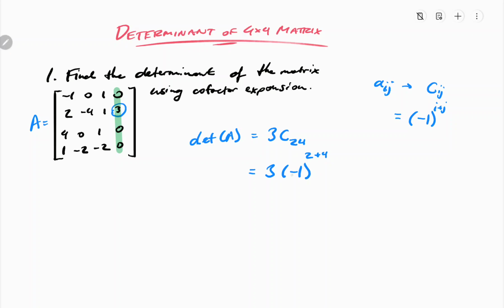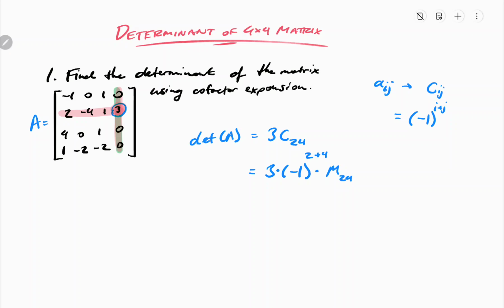The second part of our cofactor is the minor of this matrix at row 2, column 4. What that gives us is the determinant of the rest of the matrix if we get rid of the column we picked, and we'll also be canceling this row.